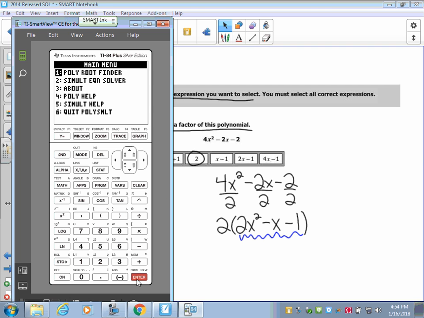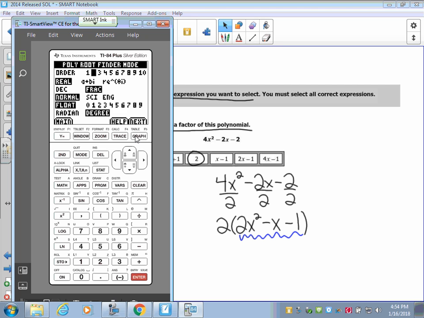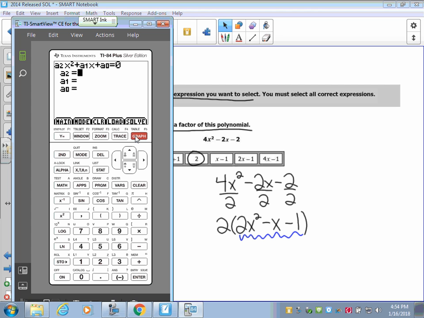We go to 1, the poly root finder, and hit next. It's already in standard form, so we put in the coefficients, 2, -1, and the constant, -1. Then when we hit solve, we get a couple things out.